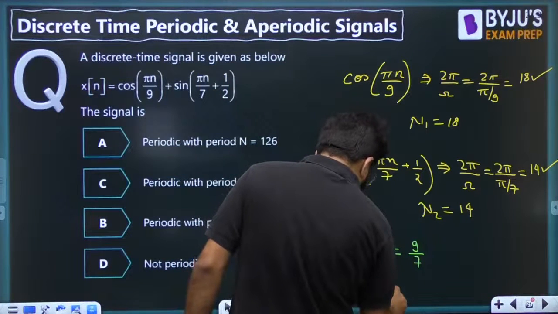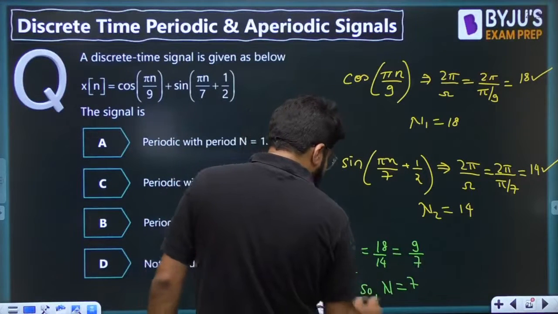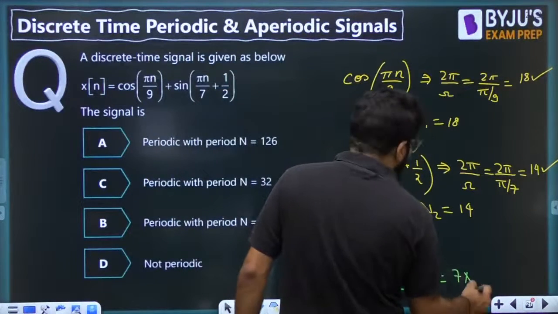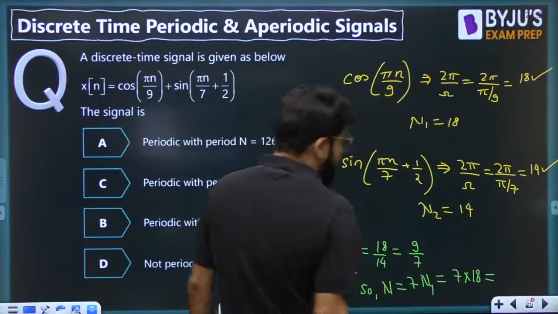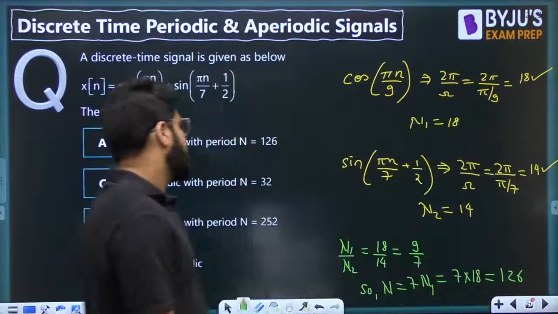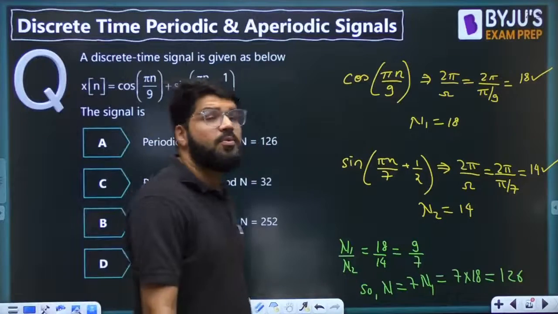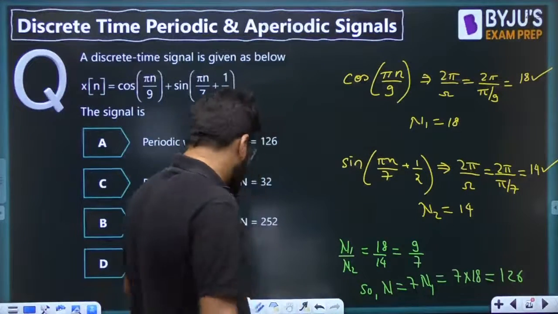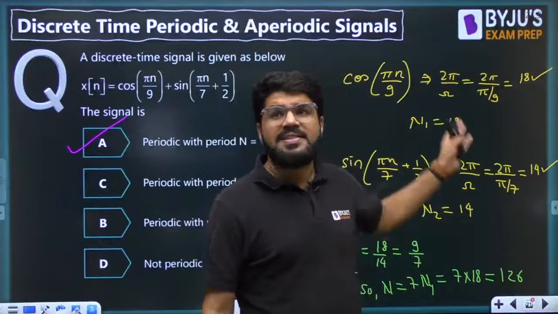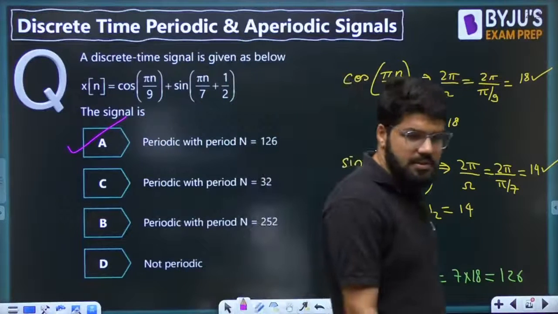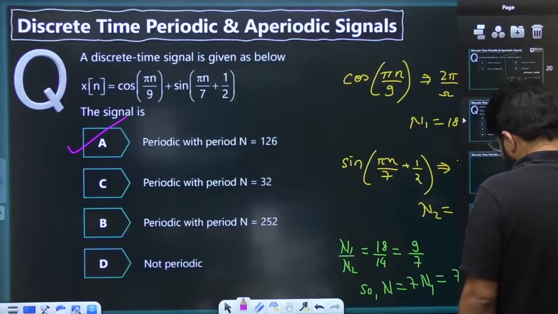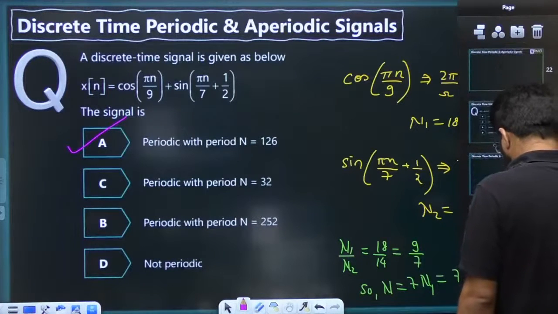Cross multiply: 7n1 or 9n2, both give the same answer. 7 into 18 is 126. So it is periodic with period 126, option A is correct. Or you can directly take the LCM of 18 and 14, which is also 126.